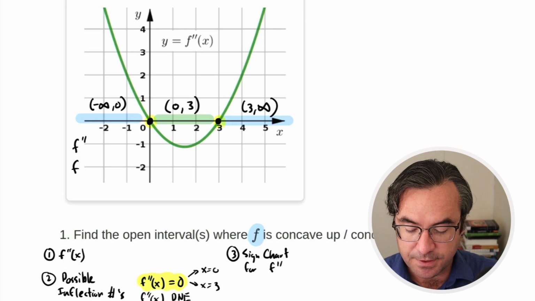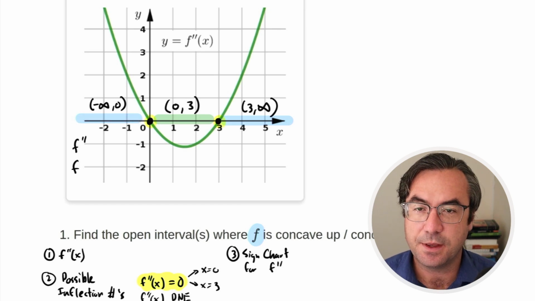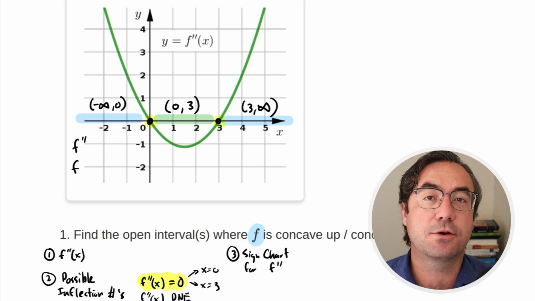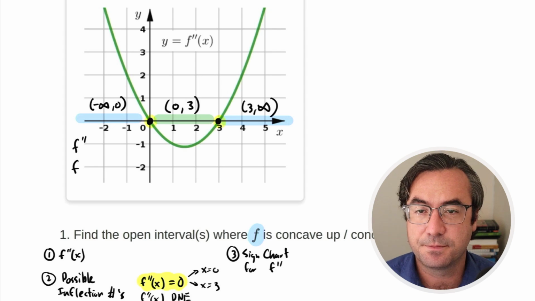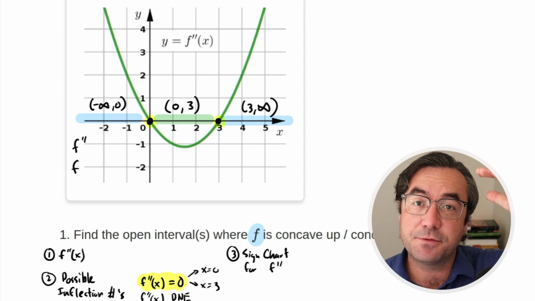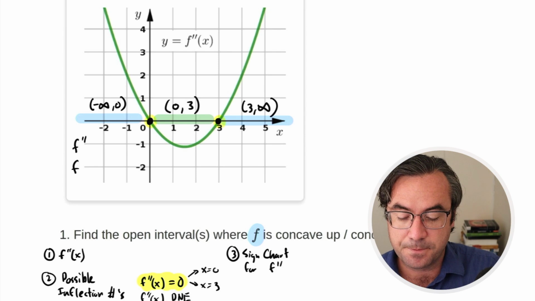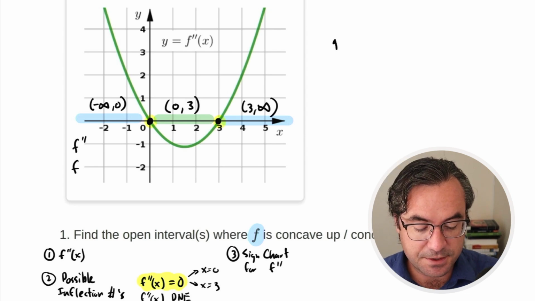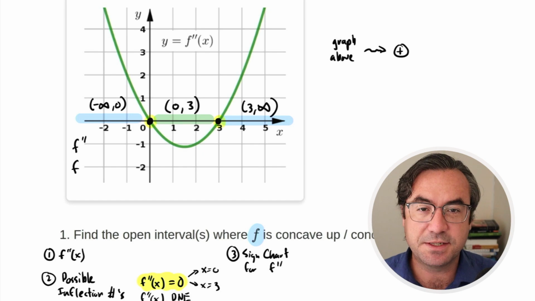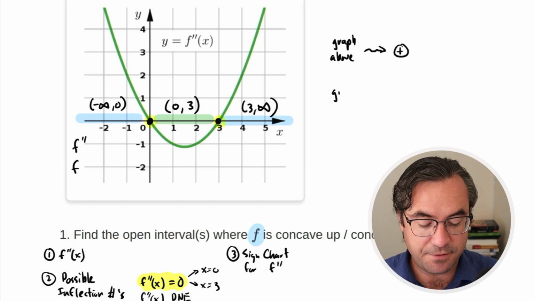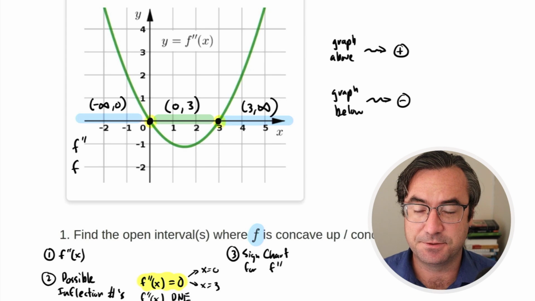Okay, so let's look at this first interval here. How do we figure out using the graph if a function is positive or negative? Well, you just look, is it above the x-axis or is it below? If the graph is above, that means you've got positive values. And if the graph is below the x-axis, it means you've got negative values.